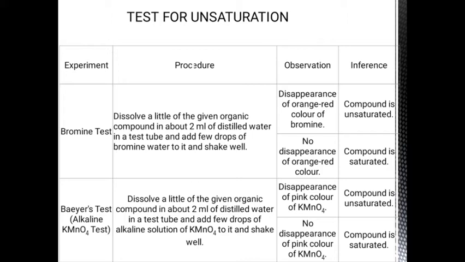So the test for unsaturation is by the bromine test and Bayer's test. Bayer's test means the alkaline KMnO4 test. In the bromine test, the given organic compound, one organic compound will be provided for you. Take that organic compound, dissolve it in water, add a few drops of bromine water to this and shake it well.